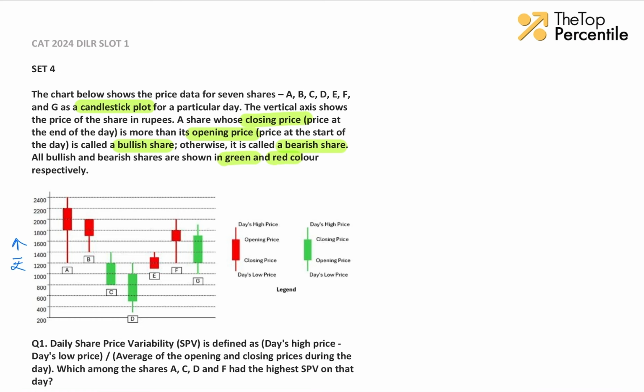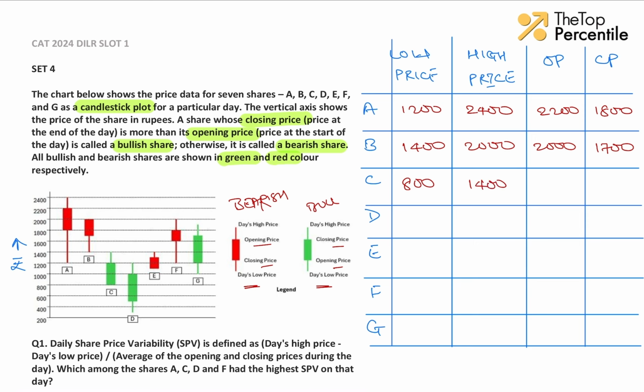Okay, let's go to C. Now C is in green color, which means it is a bullish share. Okay, so lowest it will be 800, highest it will be 1400. Opening price for C will be 800 and closing price for C will be 1200.